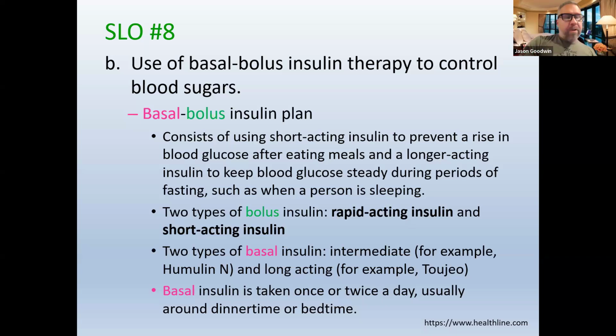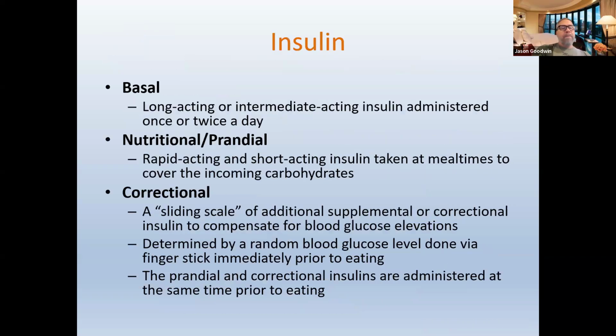Okay, so when I was talking about up here and knocking that down, that's the basal insulin. And then you have the bolus insulin, which is the regular insulin that you hit and that knocks it back down as well, right? And ultimately, both of those ideally create more of a steady blood glucose that's within normal limits. Very difficult to do with managing this, but in the hospital, we manage it closely.